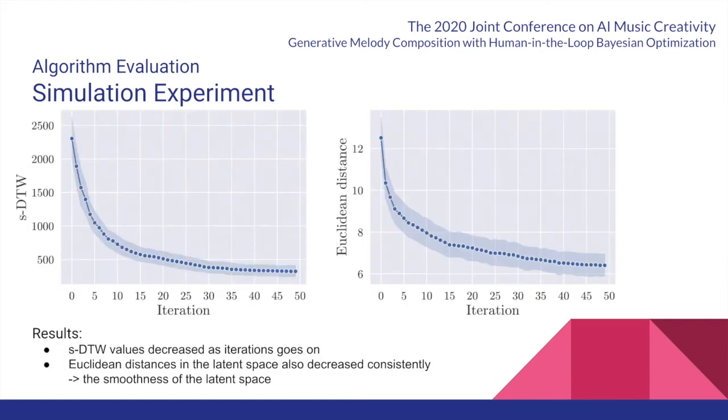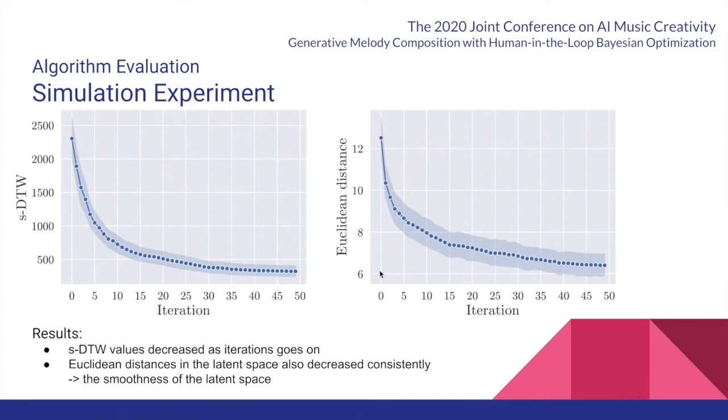Here's the result. In addition to the SDTW values, we also recorded the 4-dimensional latent vectors of all the selected candidate melodies and calculated the Euclidean distance to the latent vector of the desired melody. We could observe that the SDTW value decreased as the iteration went on, which was our expectation.